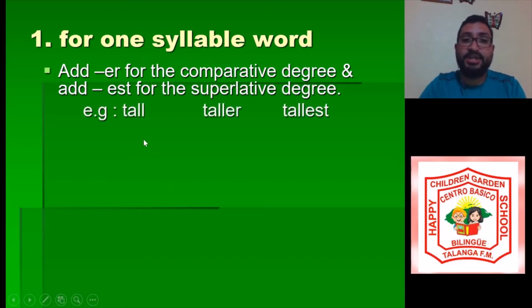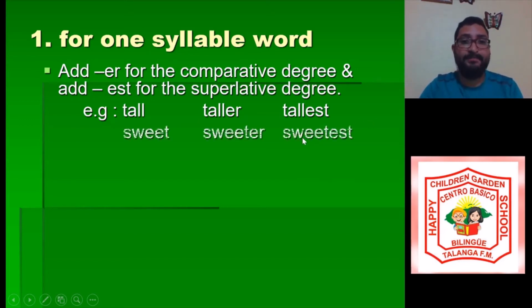For example, tall, see, we're going to be adding "er" or "est": taller, comparative, tallest, superlative. Sweet has only one vowel sound, only one syllable, the vowel E. We're going to be adding "er", so sweet will become sweeter.